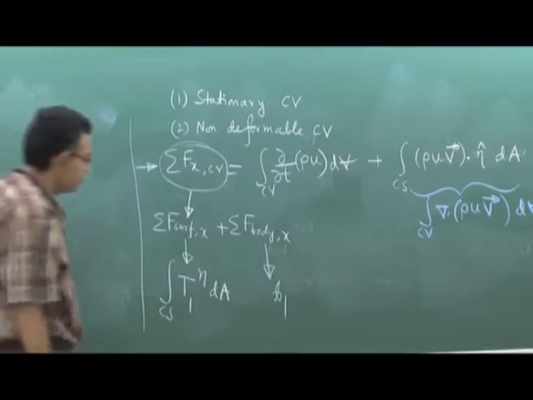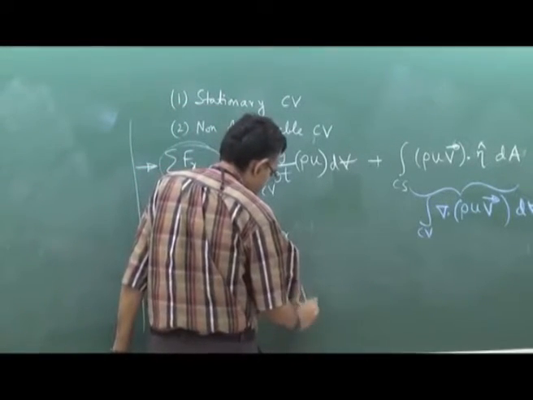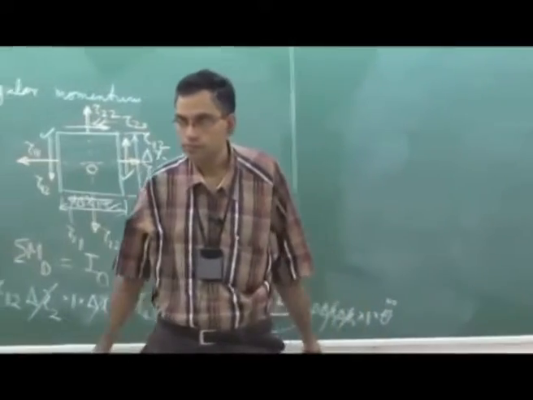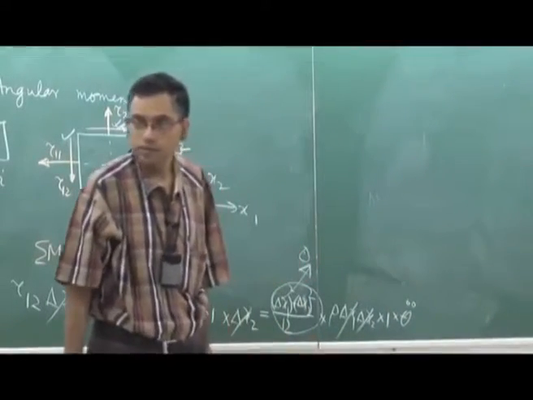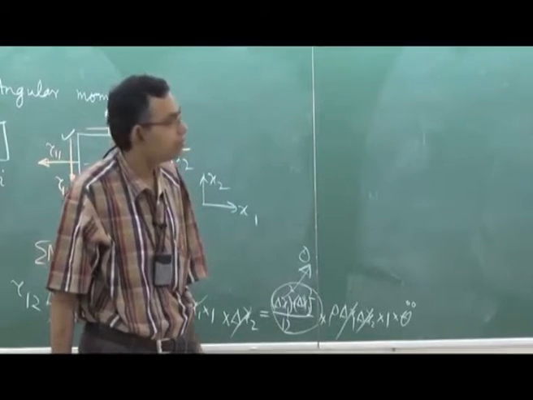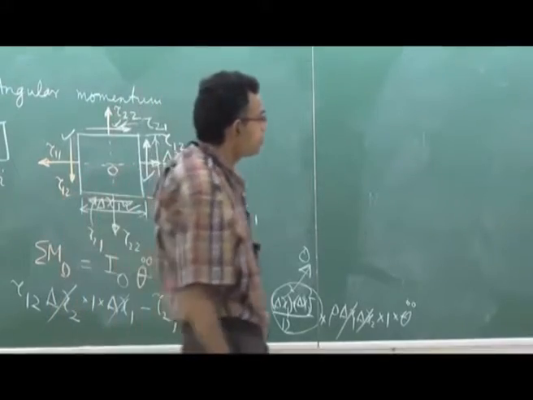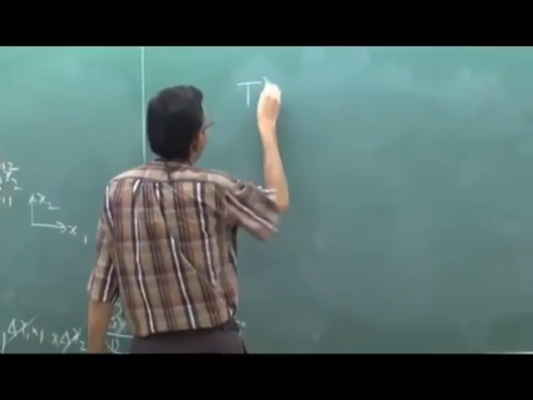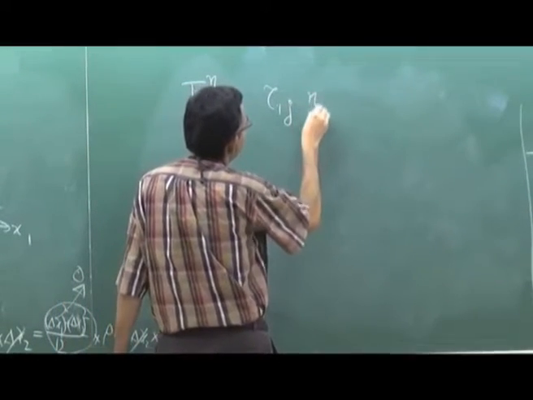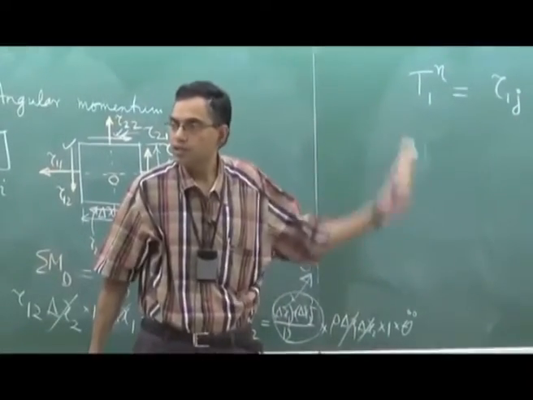So, B1 is the body force along x1 per unit volume. Now, you can write T1, because Ti is tau ij eta j, so T1 is tau 1j eta j.